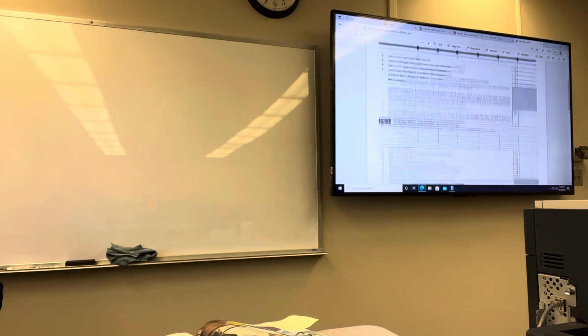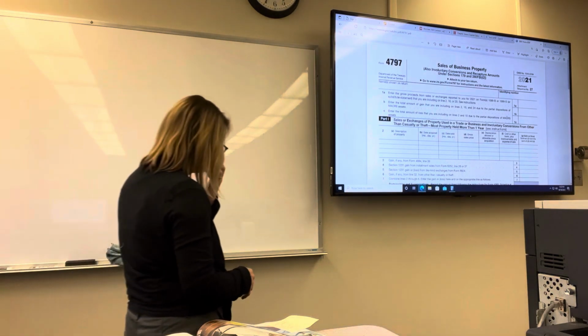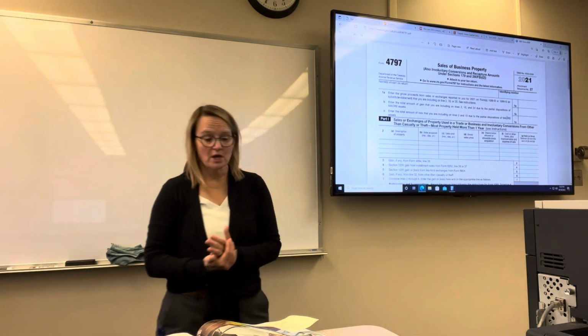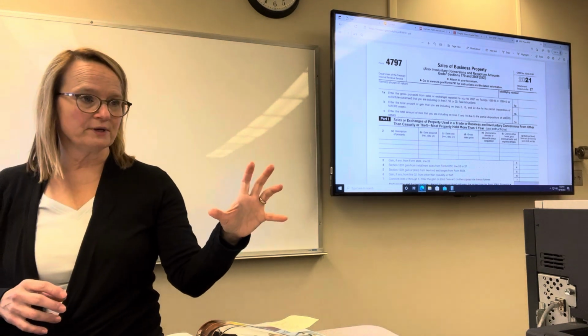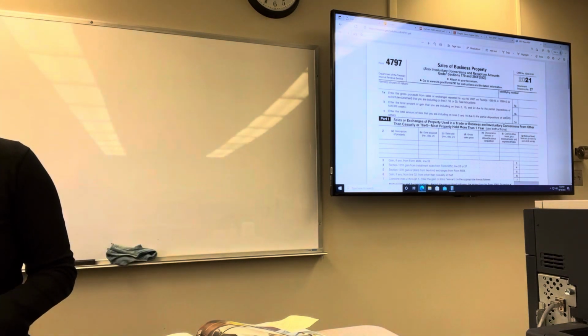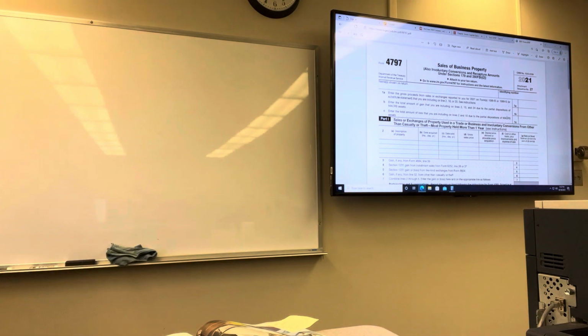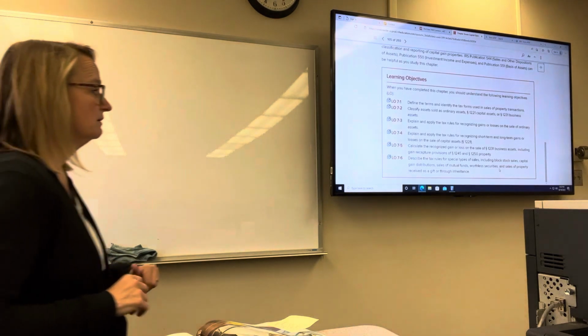Again, this only pertains to sales of business property. So this is the form that's going to be used when we're talking about ordinary income property and the 1231 business assets, okay?